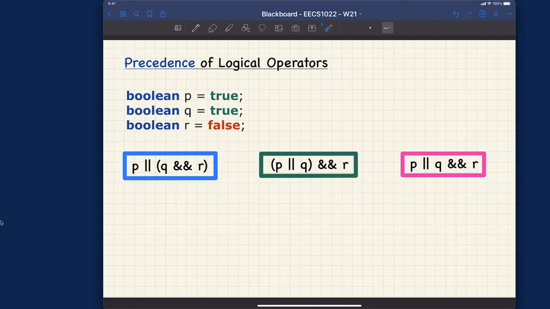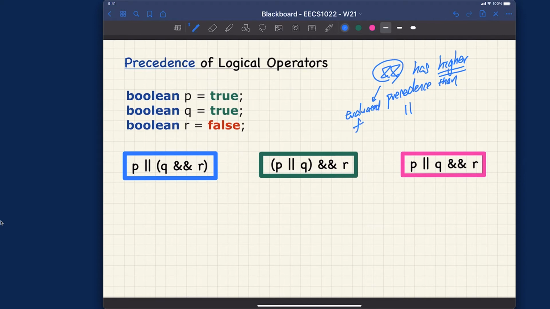Here is the precedence fact that you want to know: ampersand has higher precedence than disjunction, meaning that this is going to be evaluated first. That's what it means for an operator to have a higher precedence.